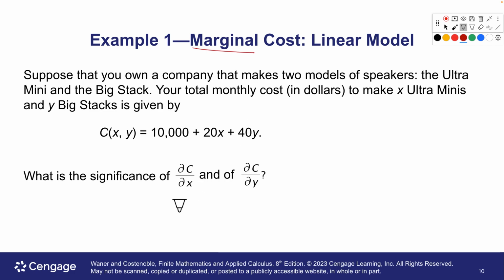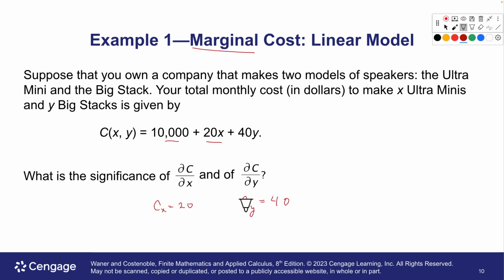So this one here is just going to be 20. The derivative with respect to y, the partial with respect to y, in 10,000, its derivative is 0. This is a constant, derivative is 0. So this partial with respect to y is simply going to be 40.